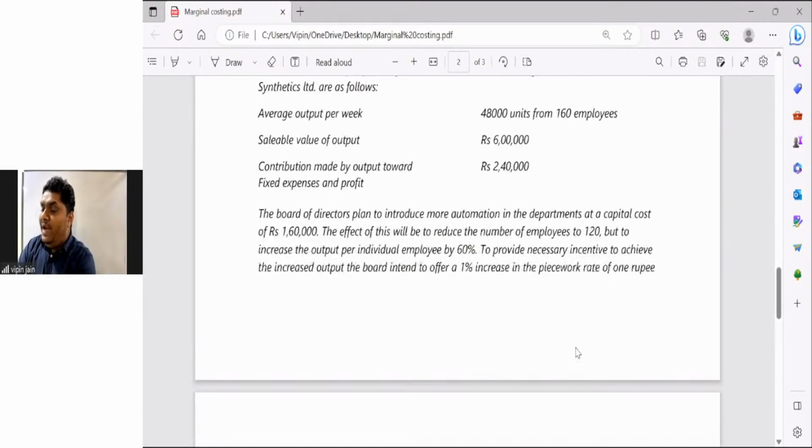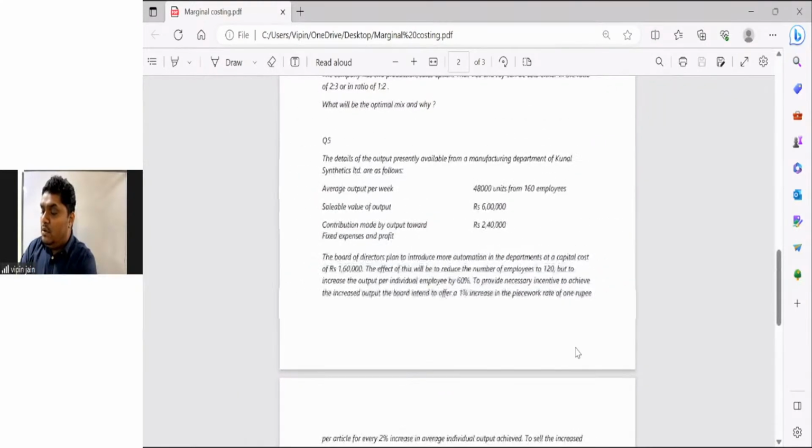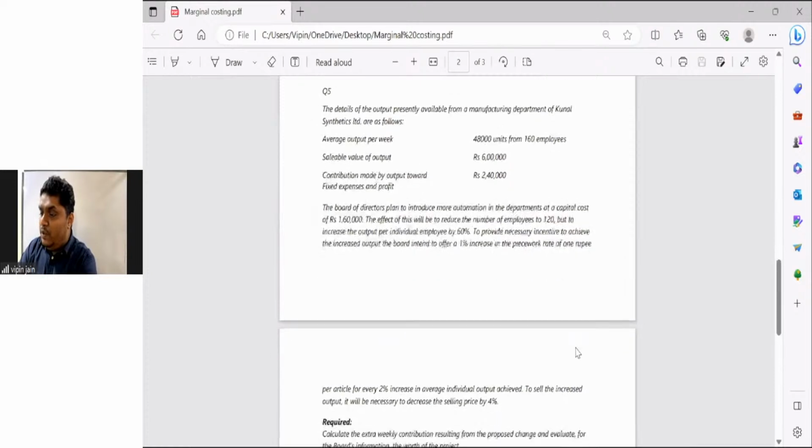To provide the necessary incentive to achieve the increased output, the board intends to offer a 1% increase in the piece rate of 1 rupee per article for every 2% increase in average individual output achieved. Again, this line is very important.